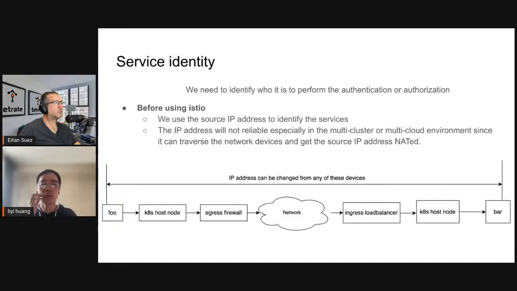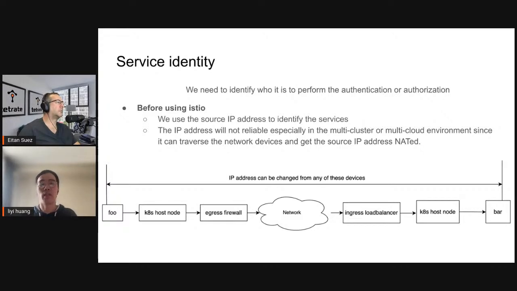So before we talk about mutual TLS, I want to share with you what it is like before we use Istio. One thing that is pretty common in the networking world is we usually use the IP address to identify who it is, no matter whether you are configuring that on the firewall or on other network devices.